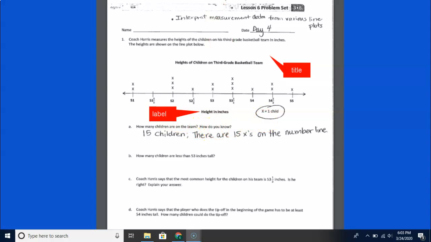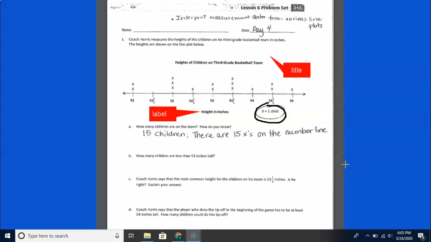And also, down at the bottom it says X equals 1 child. That is also super important to see, because in the past, sometimes our units can equal 2 or 5 or 10. So it's super important to pay attention to what each unit actually represents. In this one, it represents 1 child.